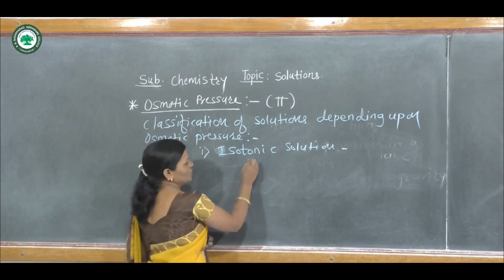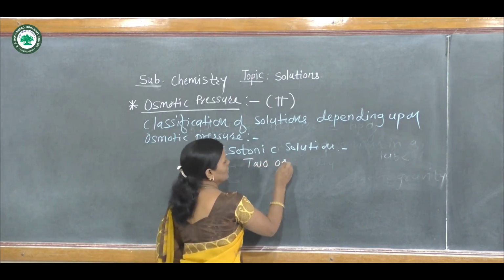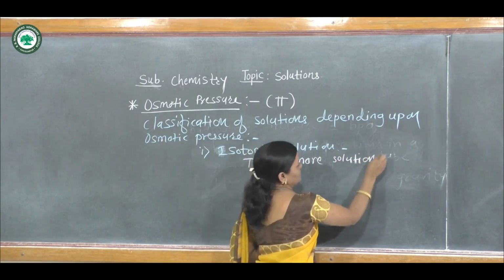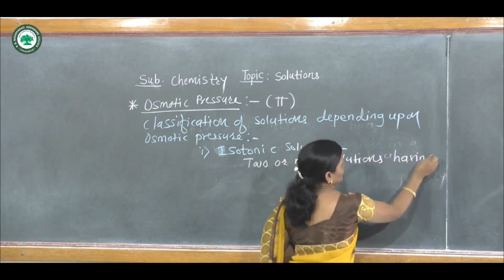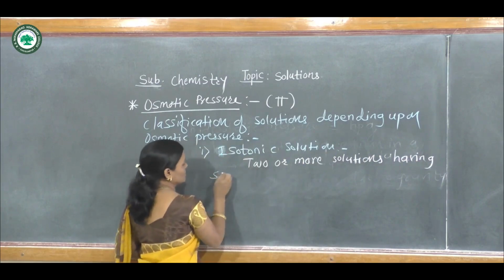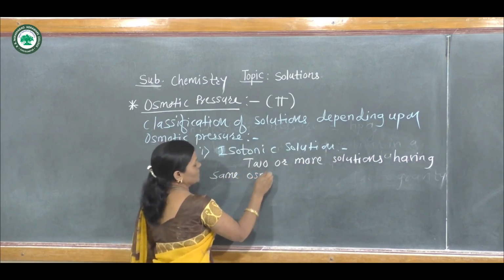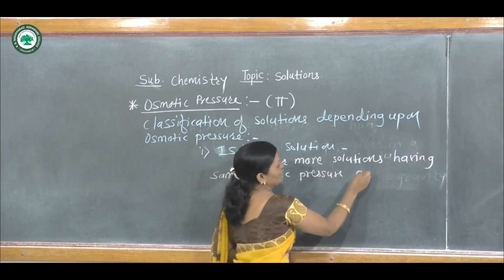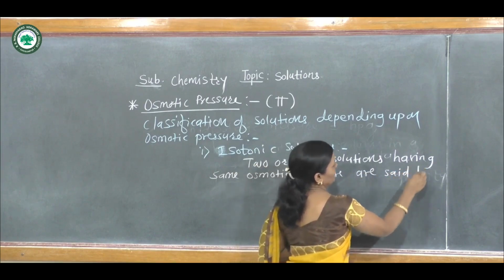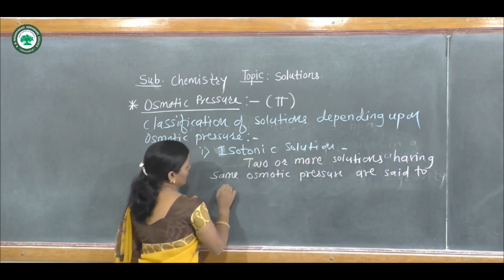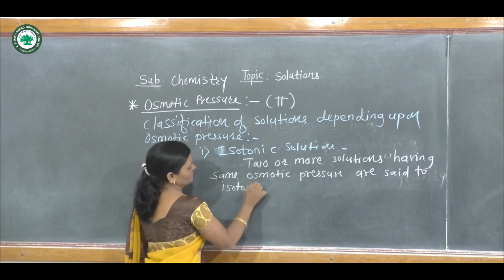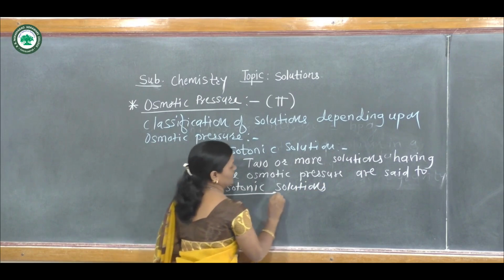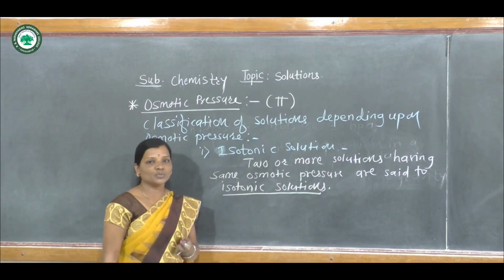The definition: two or more solutions having same osmotic pressure are said to be isotonic solutions.